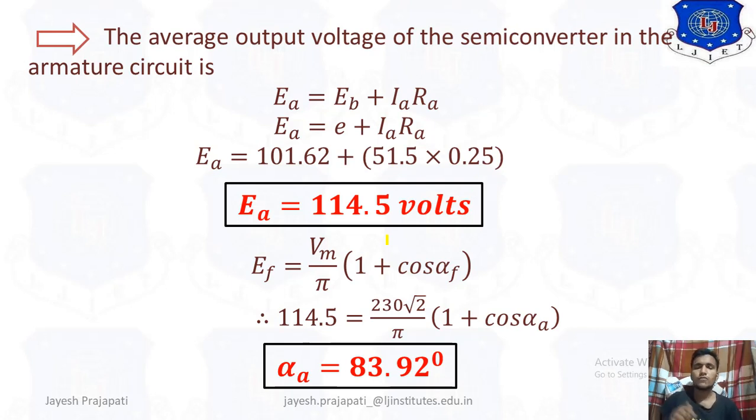From this DC voltage we control the speed of this separately excited motor, from the armature side and also from the field side. So that is the angle, 83.92. If we vary this angle, then we control the speed of the semi converter drive. So that is the solution of example number 2. The next example we will discuss in our next section. Okay, thank you.